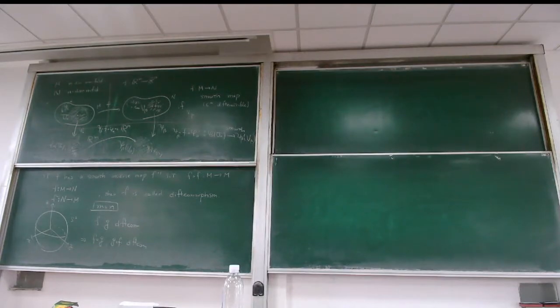Do you understand? So for instance, rotation around the x-axis is a diffeomorphism of S2. And they form a group, so-called SO3. That's called SO3.